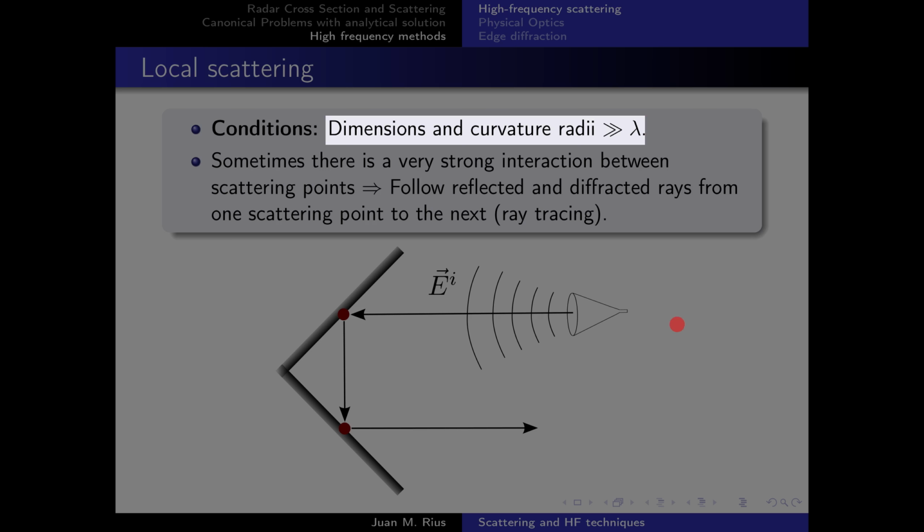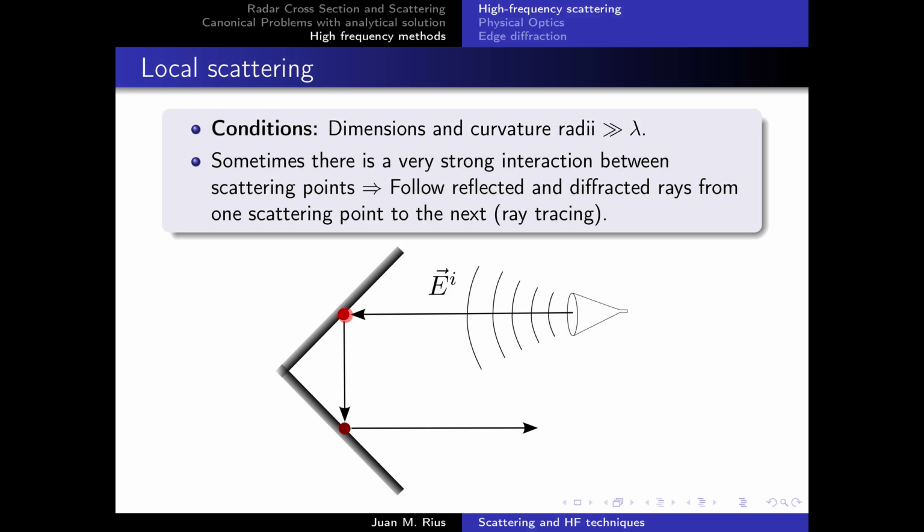However, I said that the diffraction or the scattering at a given point depends only on the incident field. For example, scattering at this point depends on the incident field. However, sometimes there is a strong interaction due to a double reflection, like in this case, for example, for the dihedral.